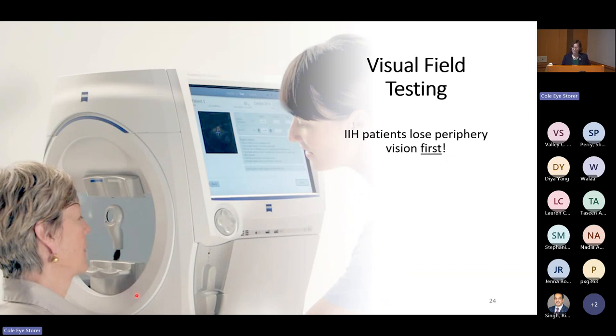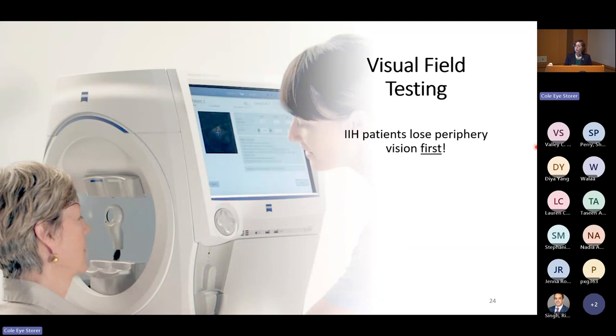So this is a visual field machine where a patient would sit their head in the machine and their periphery vision would be evaluated. Now, this is important in the setting of IIH because typically these patients will lose their periphery vision first and their central vision last. And another reason we created this binary scale was for patients who had significant vision loss, they might not be able to perform either test, a best visual acuity or a visual field test, or provide that numeric marker.